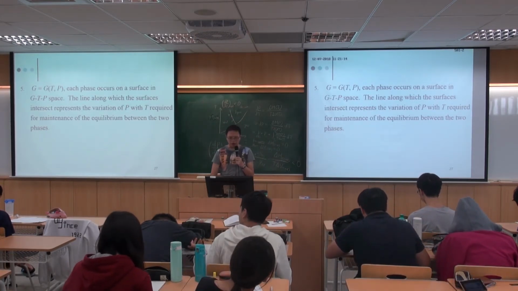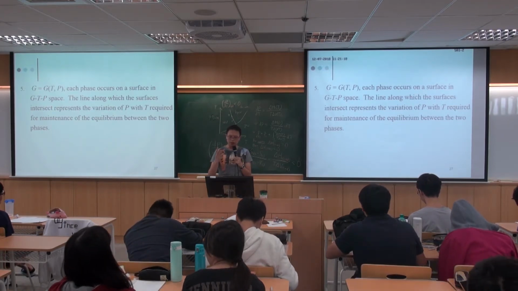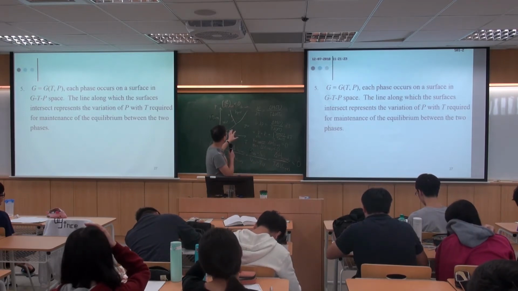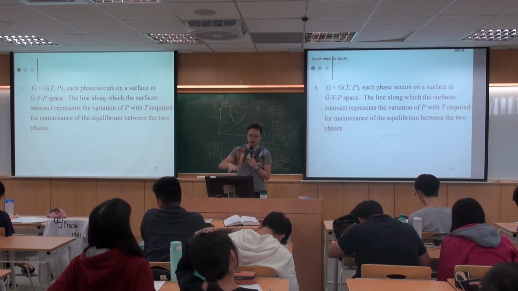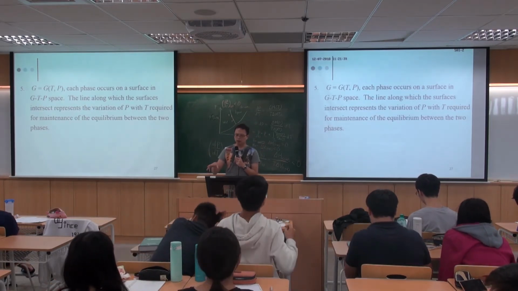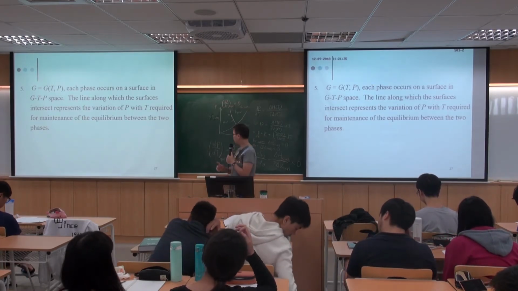And therefore, you have to plot it out in a three-dimensional way instead of using a two-dimensional plot. For instance, you have two axes, temperature and pressure, and then the third axis as the Gibbs free energy.